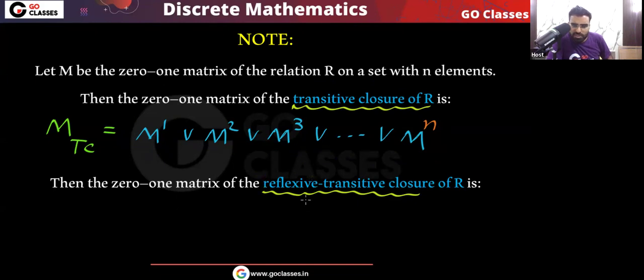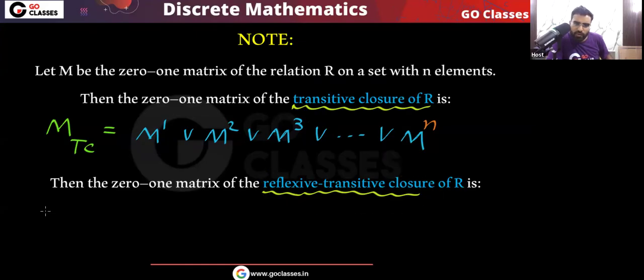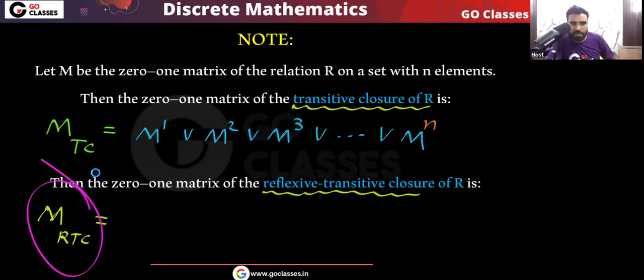Then the matrix representation of the reflexive transitive closure of R, what will that be?